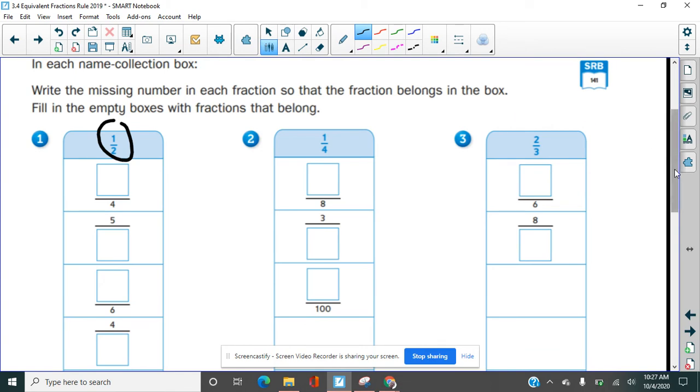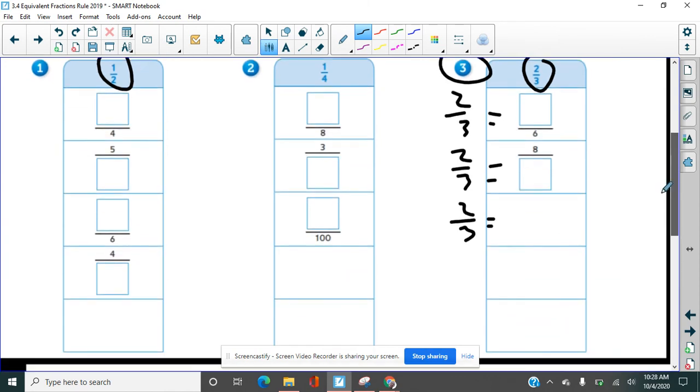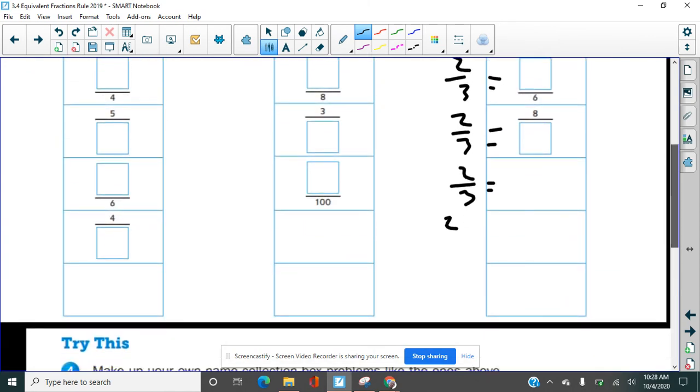Okay, so I'm going to do 2/3 over here. I'm going to do number 3 so that you can make sure you know this. We're going to figure out 2/3 is equal to all these. So I'm going to have you write 2/3 on all of these boxes, because we're finding equivalent fractions for 2/3, the one that's at the top.